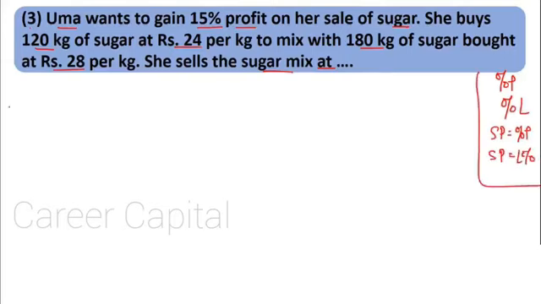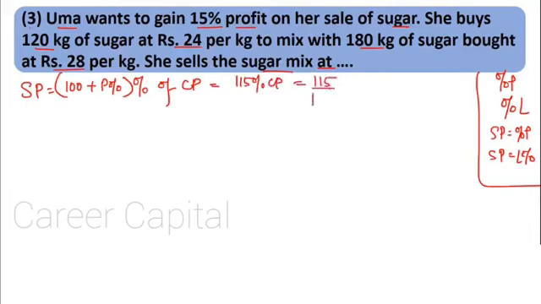Out of that, here we have to find the selling price and we know it is a profit. So what is the formula? 100 plus the profit percentage, these many percent of the cost price. The profit percent is 15%, so we have 115% of the cost price, that would be 115 upon 100 into the cost price.